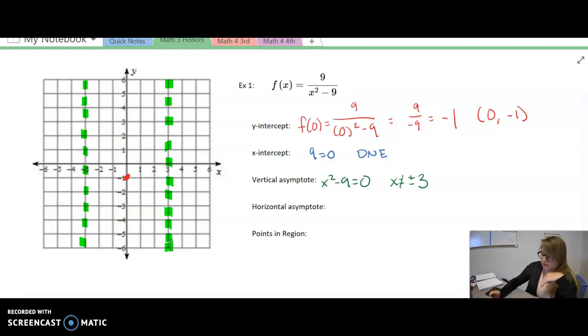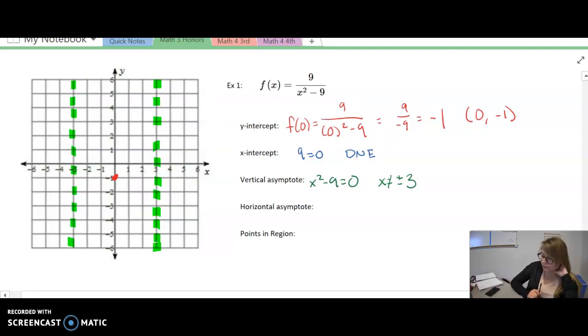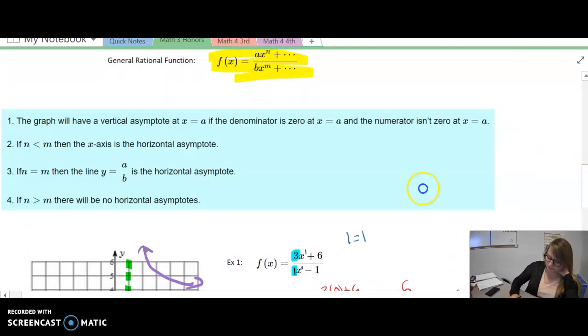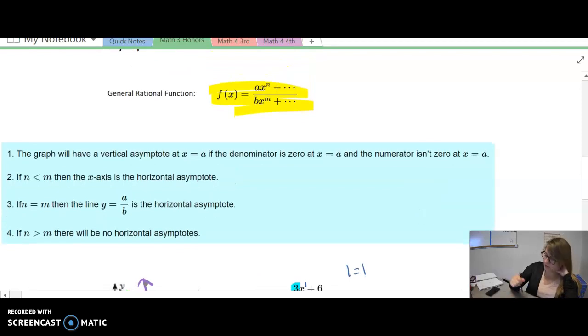So yes, you should have two vertical asymptotes. Now you need to find your horizontal asymptote. So for this one, I would recommend that you use the asymptote facts. So I'm going to scroll back up to the asymptote facts, and then you will find the horizontal asymptote. So pause your video here so you can use these asymptote facts to find the horizontal asymptote.